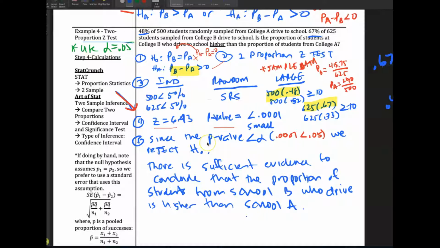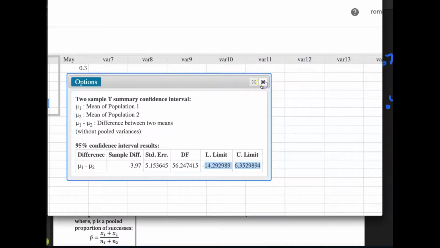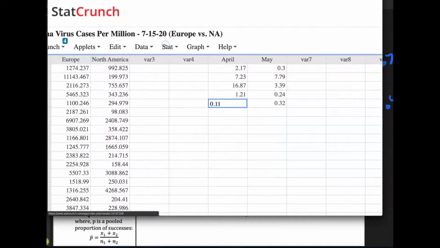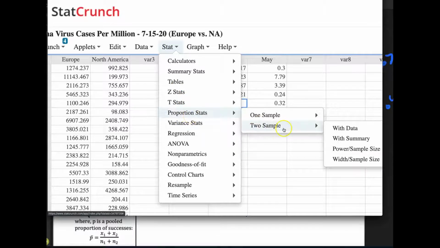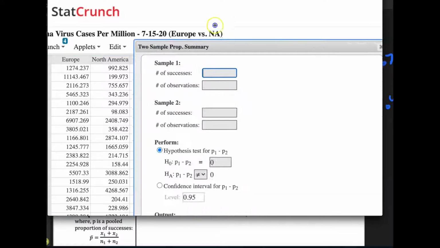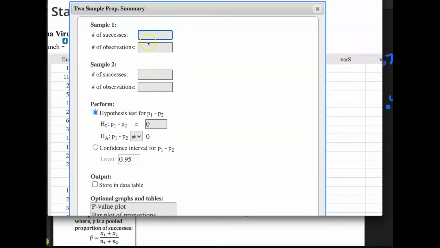So let's head back to StatCrunch here to do that, and so we can compare that. Within StatCrunch, as we run that, this is going to be proportion stats, two sample, with summary, and then we put those numbers in.